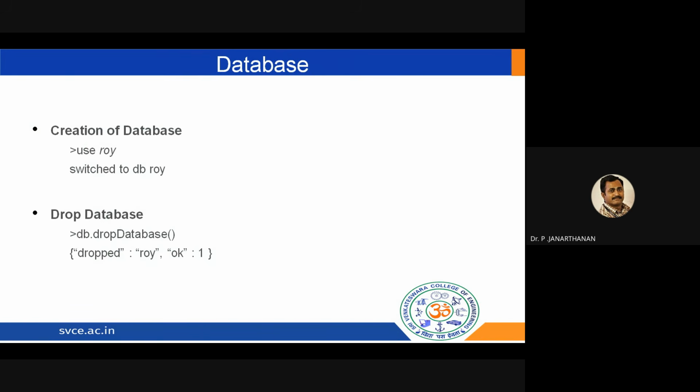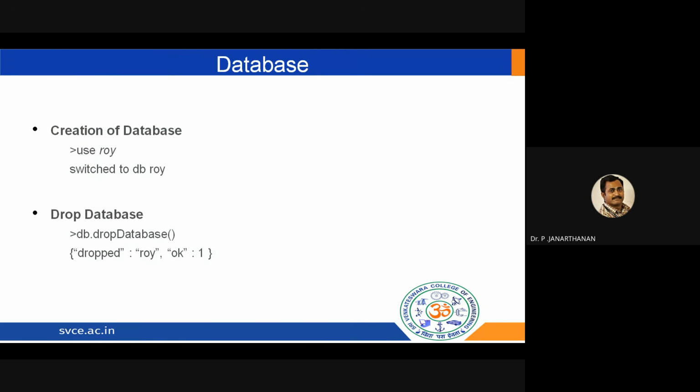Next, here we are going to work with MongoDB to create a database, insert data, update data, and delete a document. Now see here, first, if you want to create a database, as I already told you, we can go for the use command.